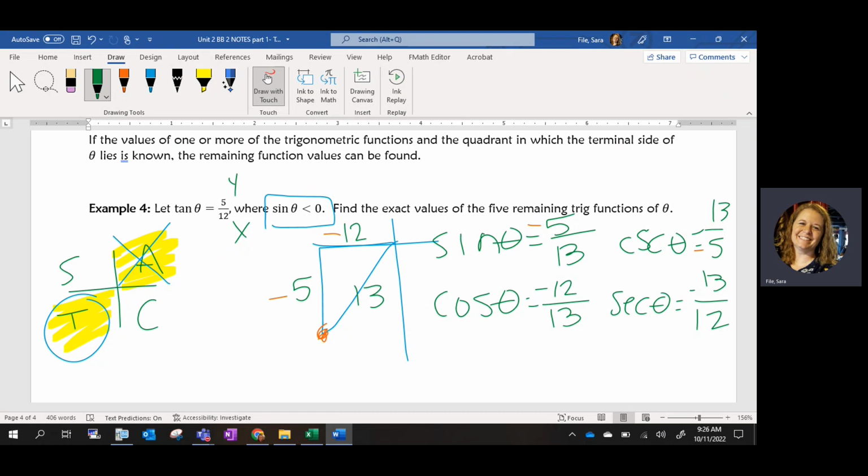And then you already had tangent, so you just need the reciprocal, which would be 12/5. And that one was positive. So all of them came out negative except for tangent and cotangent because you're in quadrant 3.